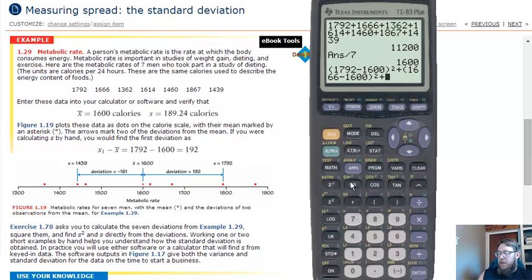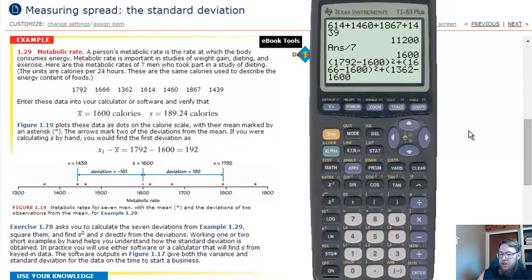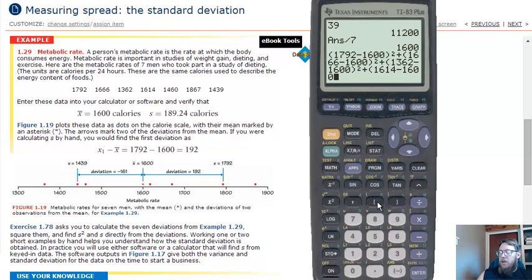Add that to the next value, which is 1362, minus 1600, again square it, add that to 1614, and that value is right close to the mean there.